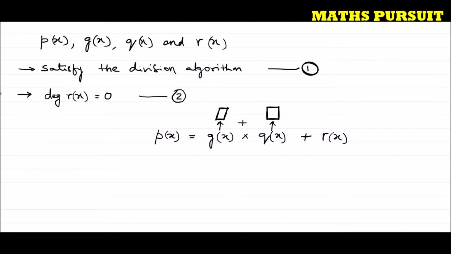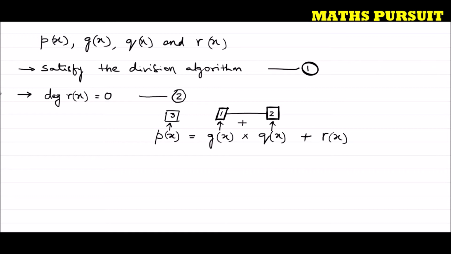How? If we add the degree of g(x) and the degree of q(x), we should get the degree of p(x). For example, if the degree of g(x) is 1 and the degree of q(x) is 2, then the degree of p(x) will be 3. This is how the degree of p(x) is determined.